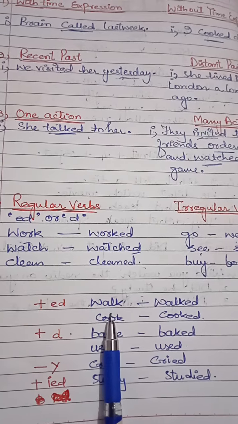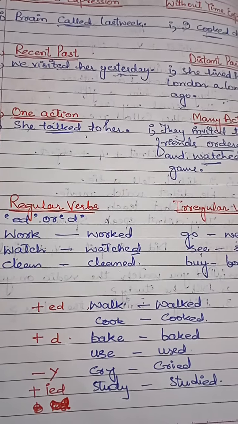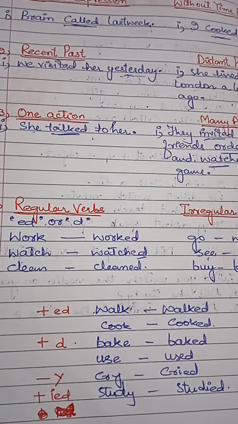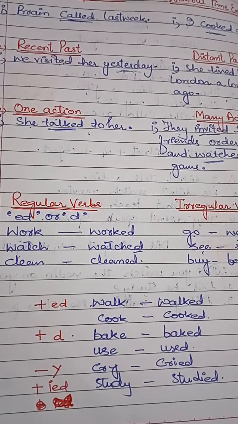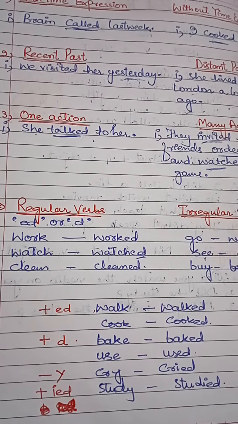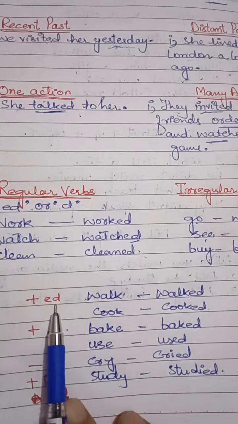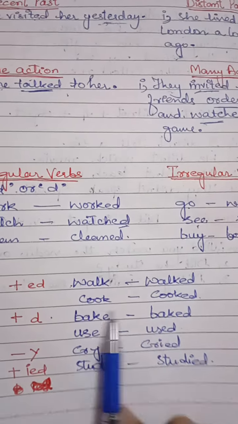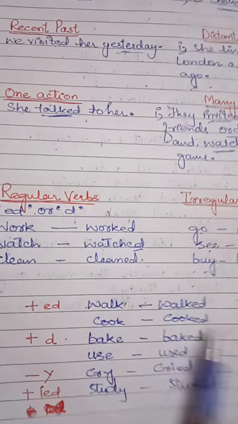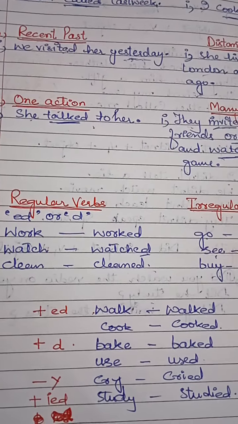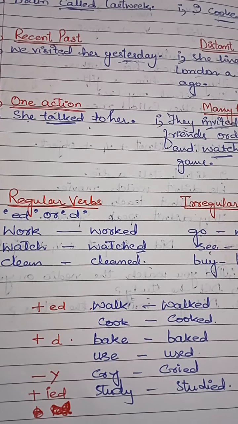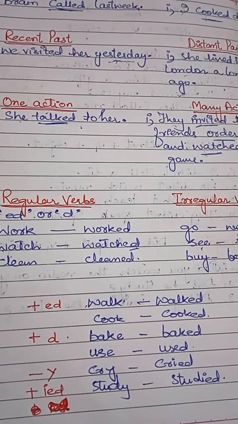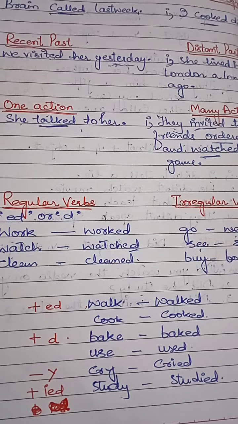Next, when you take the base form of the verb and you add ed. So here we have some examples. Walk becomes walked. Cook becomes cooked. We just need to add ed and that works for lots of the regular verbs, but there are always some exceptions.